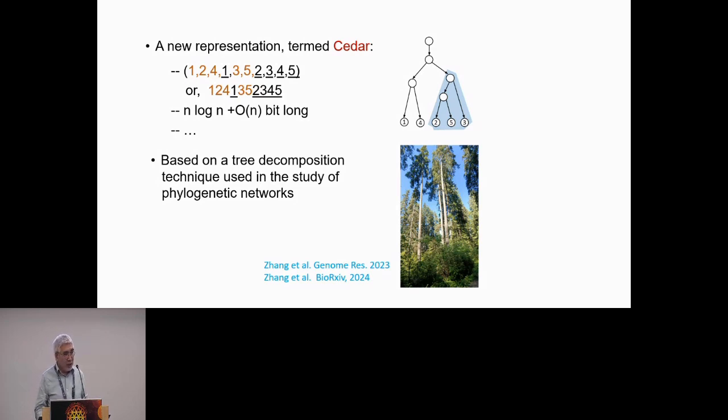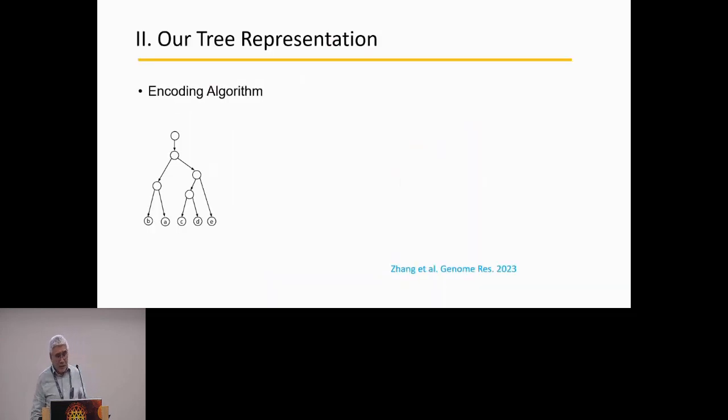Basically, each character appears twice, using the index of taxa. This representation is based on the tree decomposition technique used in the study of phylogenetic networks in our recent work. So this is the idea.